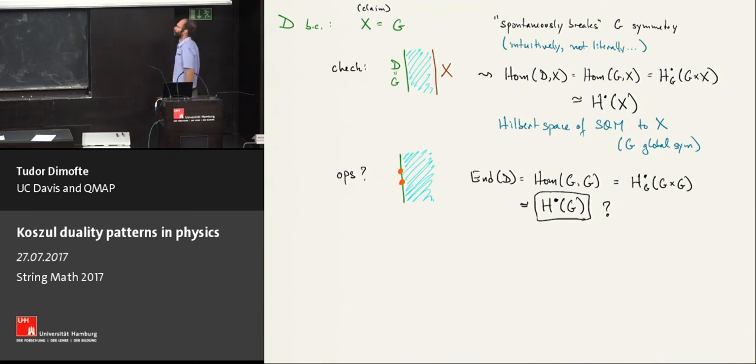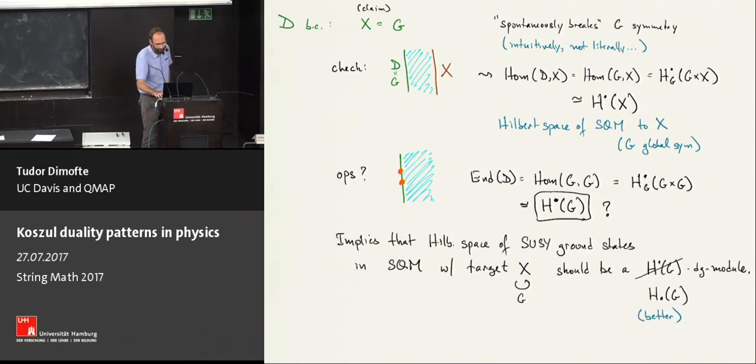What about the operators? Well, this same sort of analysis tells us how to find them. We compute endomorphisms as G equivariant cohomology of G times G. In other words, the ordinary cohomology of G, which may now seem a little bit surprising. It implies that the Hilbert space of supersymmetric quantum mechanics to any manifold with a G symmetry has the cohomology, or dually the homology, of G acting on it.